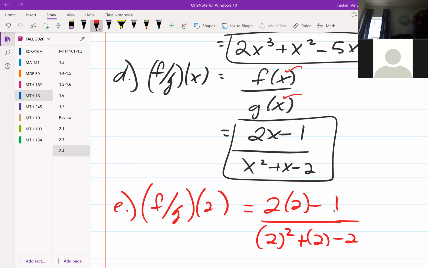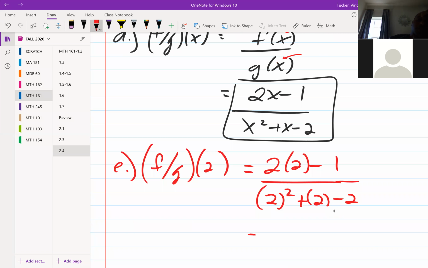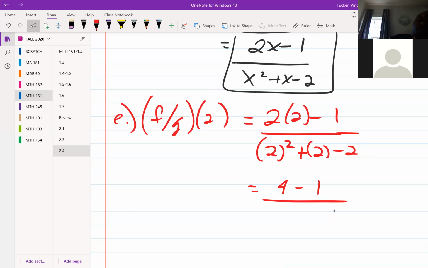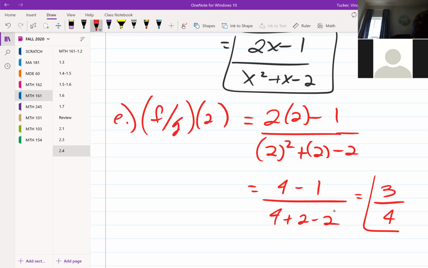So I just plug in 2 where I see x. So there's 4 minus 1 on top, that'd be 3 on top. 4 plus 2 minus 2: 4 plus 2 is 6, minus 2 is 4. So if they put a number in there, that just means you plug in that number where you see x.